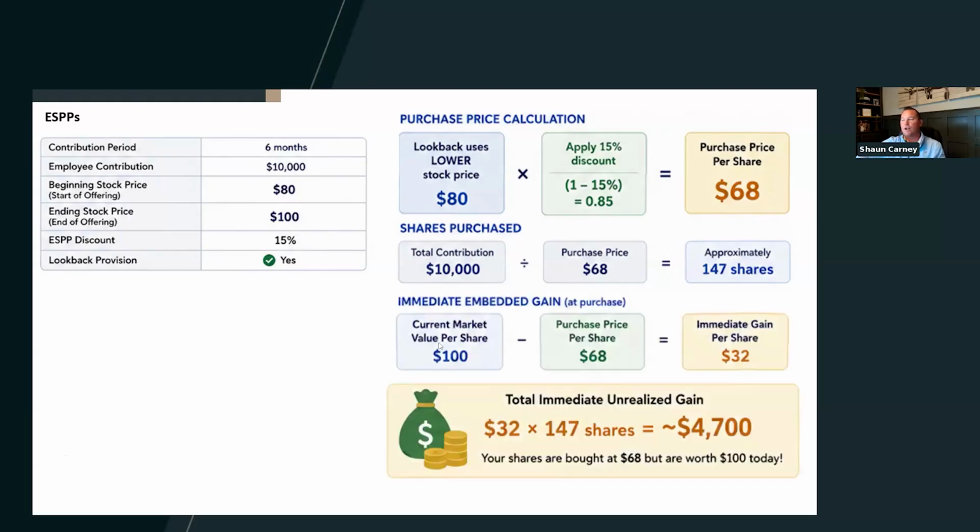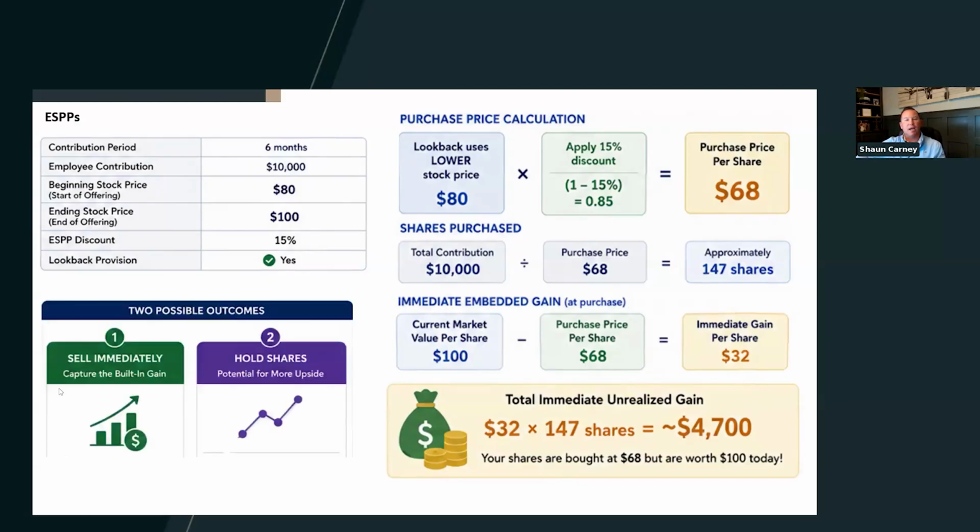And so current market price is $100. I purchased them for $68. My immediate gain is $32 per share. So I'm going to end up getting a $4,700 value of which I'll have to pay ordinary income tax on. And then I get to my decision point. Do I immediately sell those and diversify that risk away?